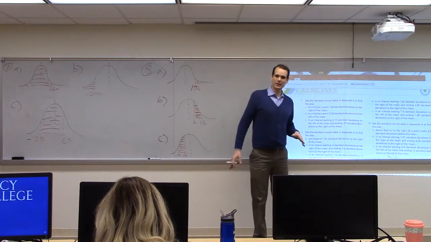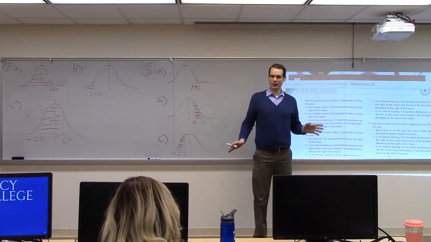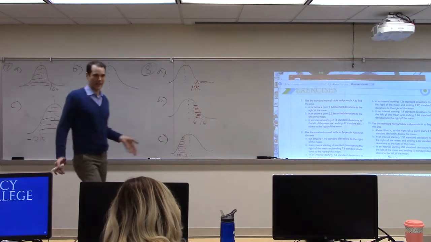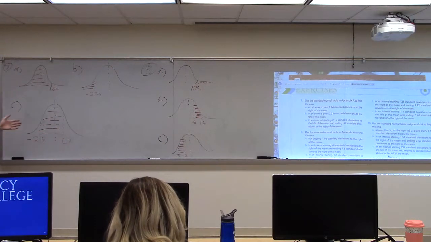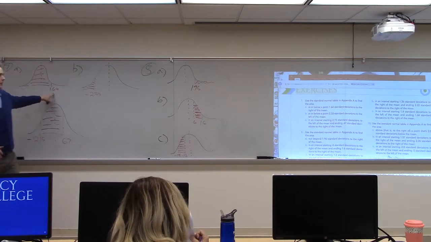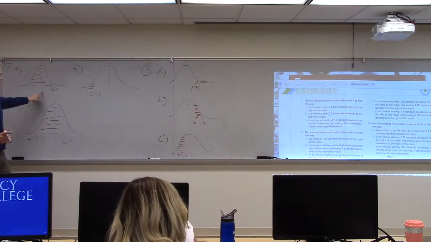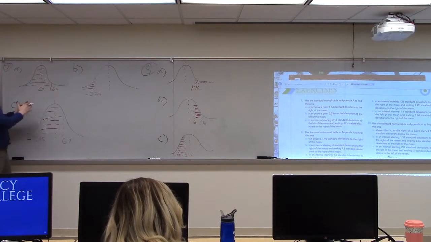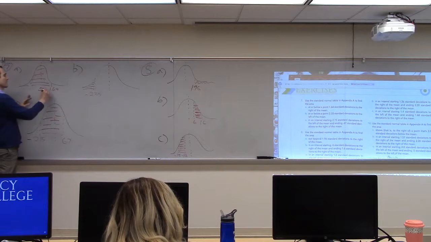For each of these, I would draw a picture and think it through. It's the only really hard and fast rule for figuring this out. So the mean is here, with a z-score of 0. This is 1.64 standard deviations to the right, so you know it's positive.